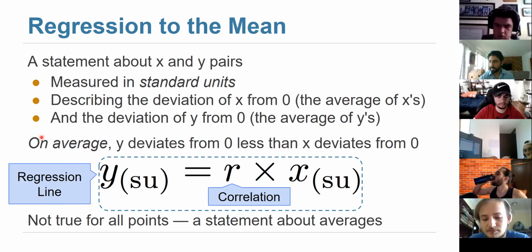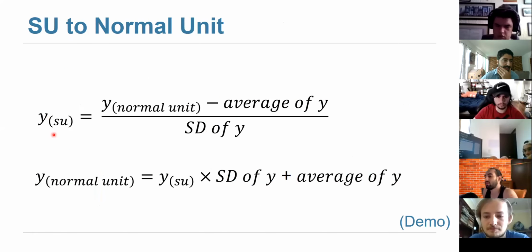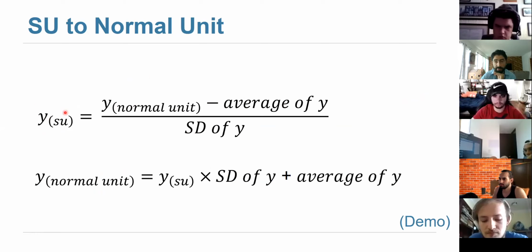From this point, remember this is a standard unit, and this is also a standard unit. If you remember how we were calculating a standard unit, you take, for example, Y in normal units, subtract the average of Y, then divide by the standard deviation of Y. If you want to convert from standard units back to normal units, you do some manipulation here.